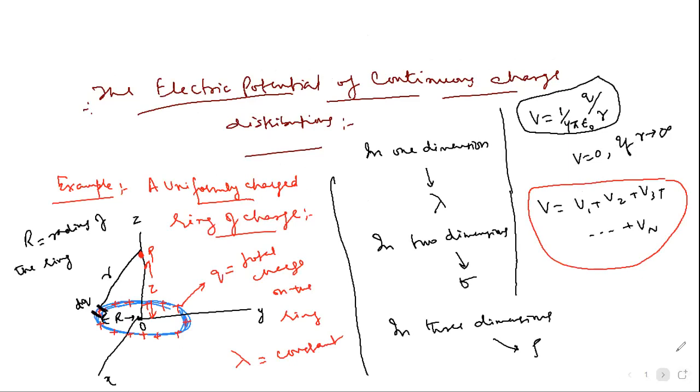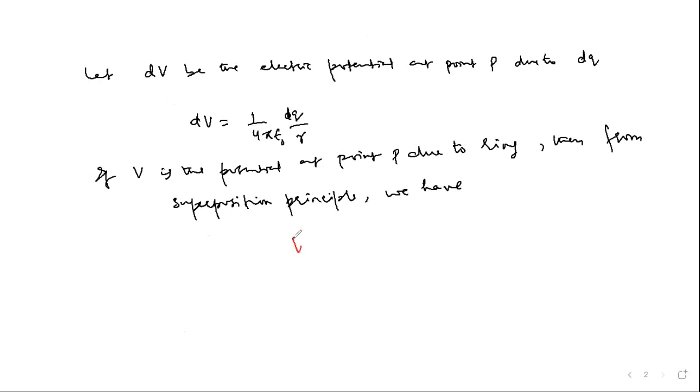So V is simply integral dV, and dV itself is 1 by 4 pi epsilon naught dq by r.